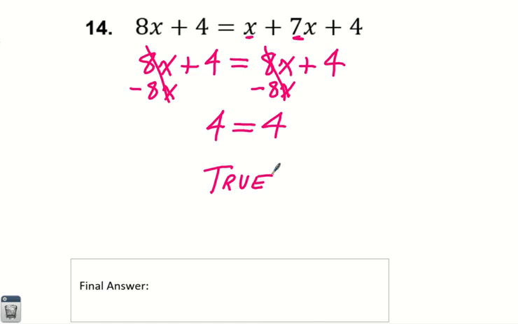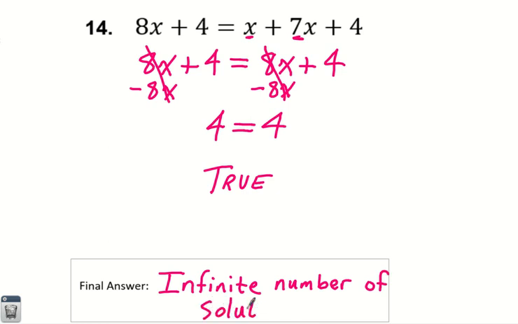And what does that mean? That means there is an infinite number of solutions.